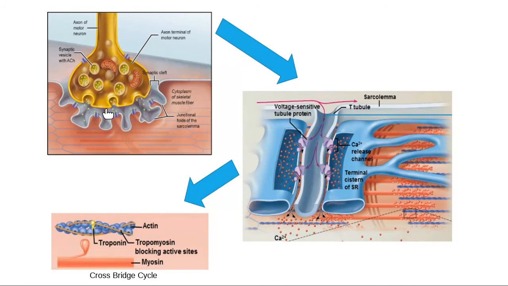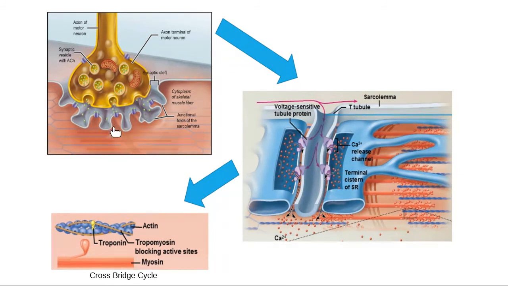The process of muscle contraction actually starts at the sarcolemma, where a neuron sends a message to a muscle fiber telling it to contract. So for you to actually contract muscles, you have to get a message from a neuron to tell you to contract.